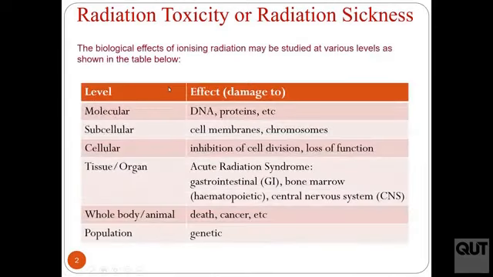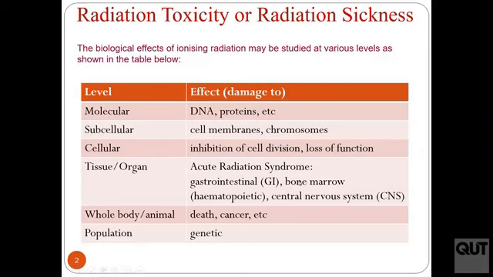So radiation toxicity or radiation sickness can be looked at different levels. The molecular level, so DNA, proteins, subcellular, so the membranes and chromosomes within a cell. At a cellular level, so stopping the cell dividing and the cell losing function.